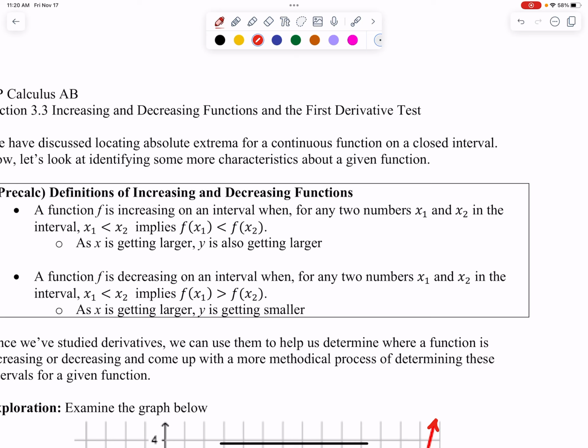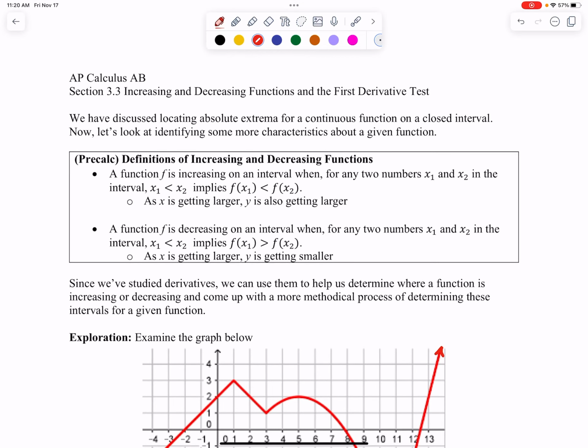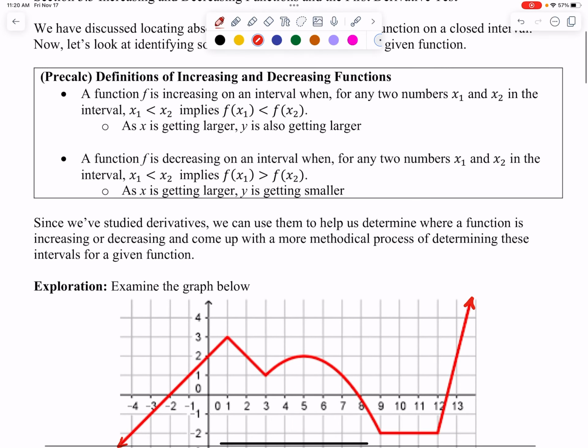And a function is said to be decreasing on an interval if as x is getting larger, the y values are getting smaller. We could also say that a function is constant, so neither increasing nor decreasing, on an interval if as x is getting larger, the y values are staying the same. And we're familiar with that definition from our previous class.